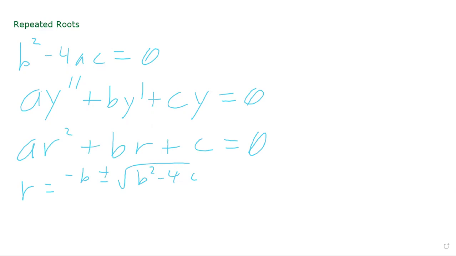The square root part is 0, so everything is going to reduce. Treat it as 2A down to there. Write this a little bit nicer.